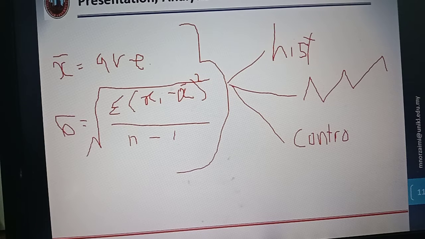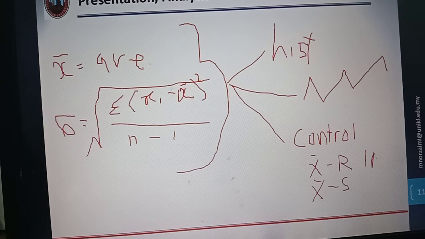If you have variable data, you can apply S bar R, or S bar S, or IMR. For attribute data, you will have a C chart, U chart, NP chart, and P chart.